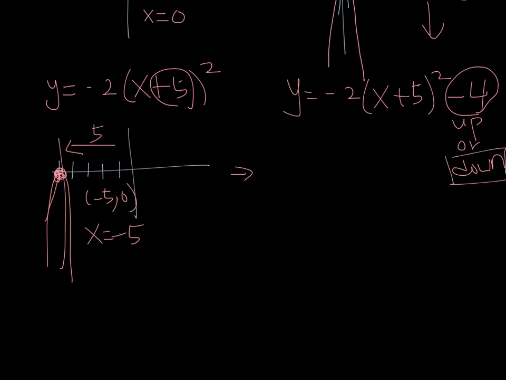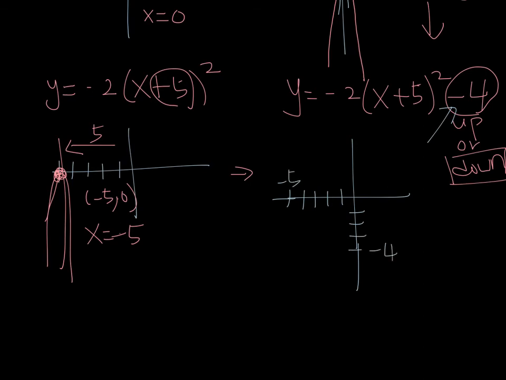So let's go ahead and draw the x and the y axis. It is still 1, 2, 3, 4, 5 to the left by 5. It is still upside down and it's still skinny, but now it also went down by 4. So I'm going to have to go ahead and put 1, 2, 3, 4. So we're at negative 4 here and negative 5 over here.